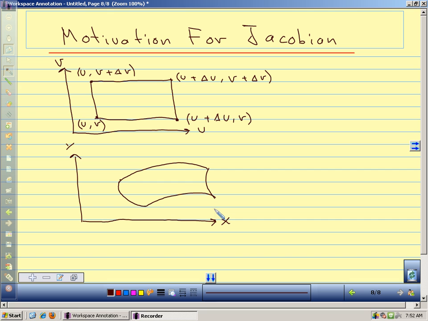And what we're going to do is very similar to what we did when we came up with our formula for surface area. We're going to draw a tangent vector right here at this corner of the region in the xy plane. So there's a tangent vector, and we're going to call that one T1. And here's a tangent vector to this side, and this is T2.